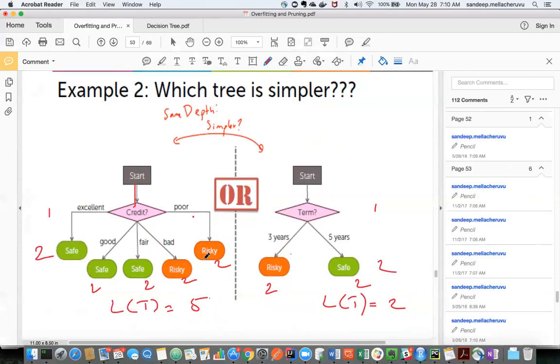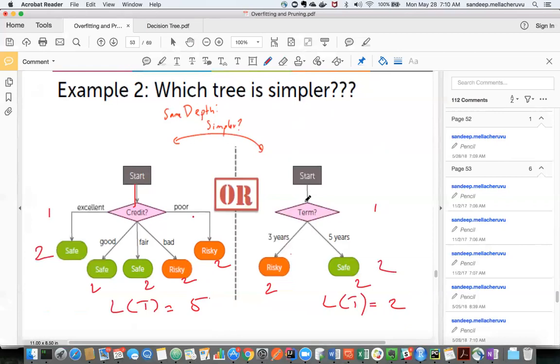But which tree is simpler? Again, the right side. Sorry? Less leaf nodes tree. Yeah, less leaf nodes. Again, here also the right side one is simpler because we are just here having the same depth. But what we can do is, instead of taking depth as the complexity of the tree, we can take the number of leaf nodes as the complexity of the tree. That way, we will have lesser number of ties.